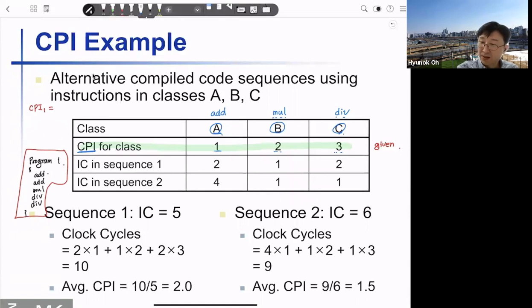So we add all the cycles, and then how much is it? 10. It's not 9, it's 10, right? So for program 1, we need 10 cycles.